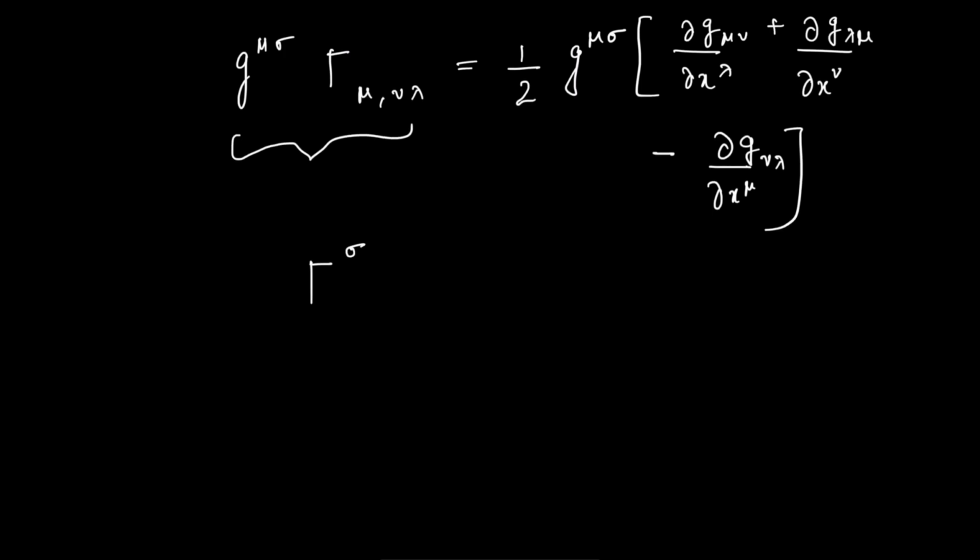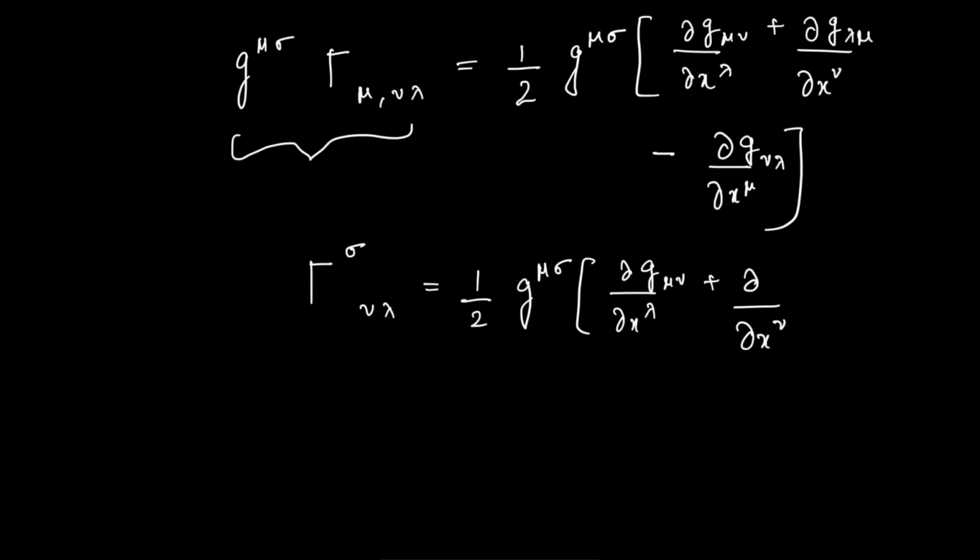So sigma nu lambda is equal to half g mu sigma times partial derivative with respect to x lambda of g mu nu plus partial derivative with respect to x nu of g lambda mu minus partial derivative with respect to x mu of g nu lambda.